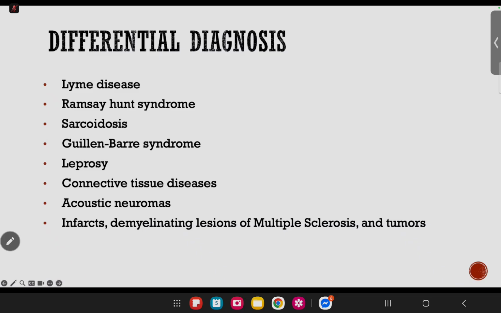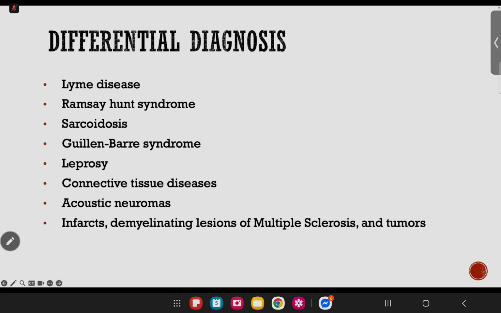In sarcoidosis and GBS, or Guillain-Barré syndrome, facial palsy is often bilateral. In leprosy, they also frequently involve the facial nerve, and facial neuropathy may also occur in the connective tissue diseases.